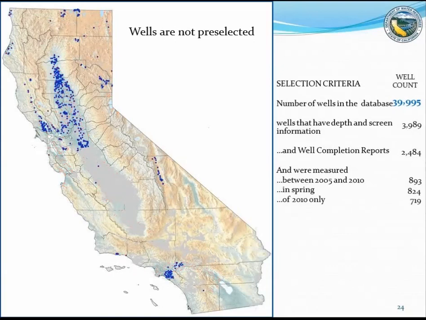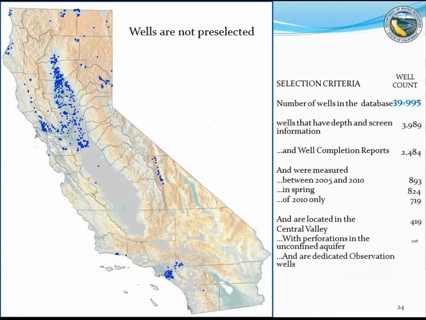If we look at measurements between 2005 and 2010, and then only those that are in spring of 2010, we see that we even have fewer points to rely on. Now we're interested just in those in the Central Valley and an unconfined aquifer and are just dedicated observation wells. So clearly we can't just pre-select what we would consider the best available wells.